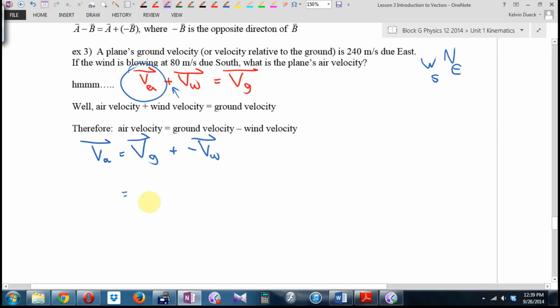So 240, about that long, east to the right, plus. Read me the wind velocity, please, Jenny, magnitude and direction. Now, I want to add the opposite of that. So what's the opposite of 80 meters per second due south?